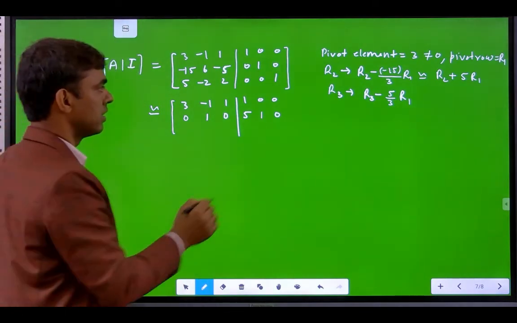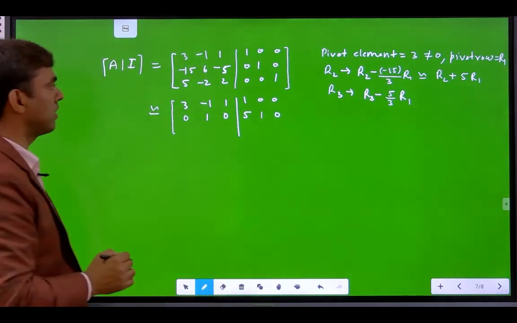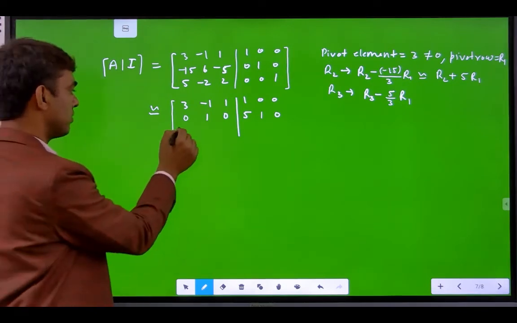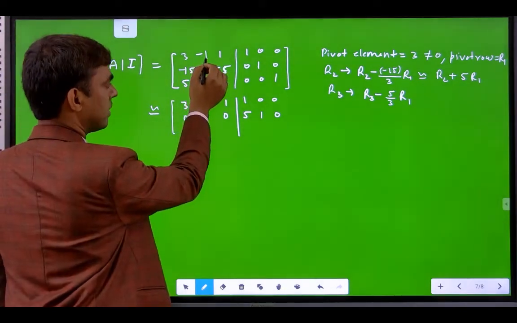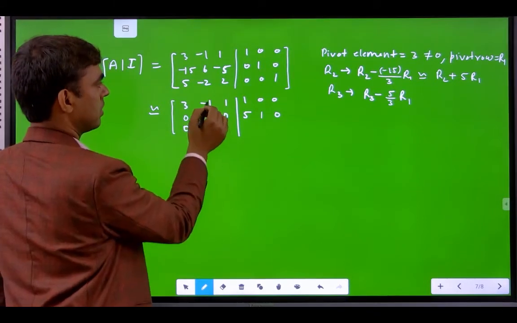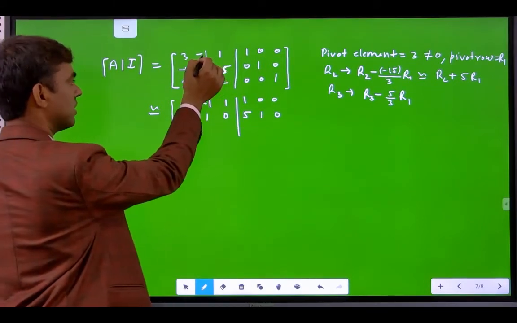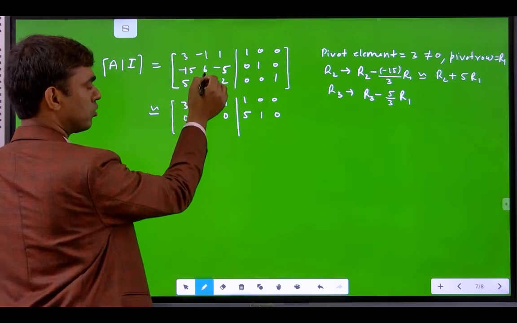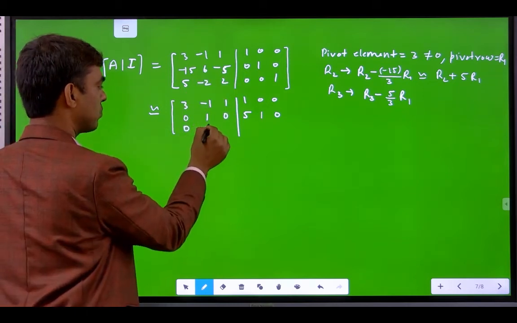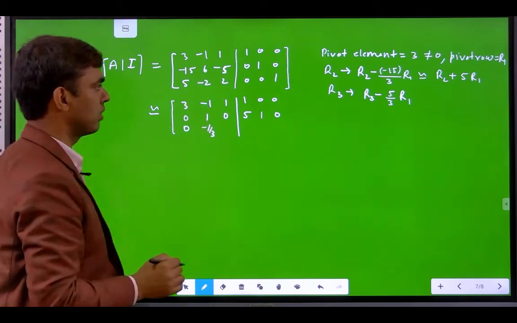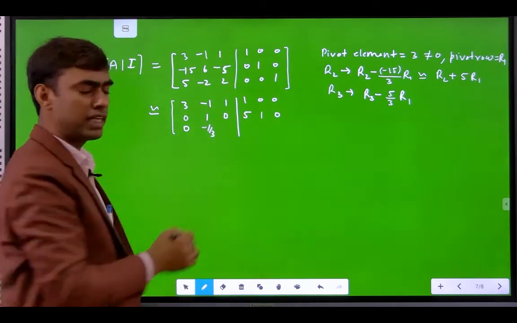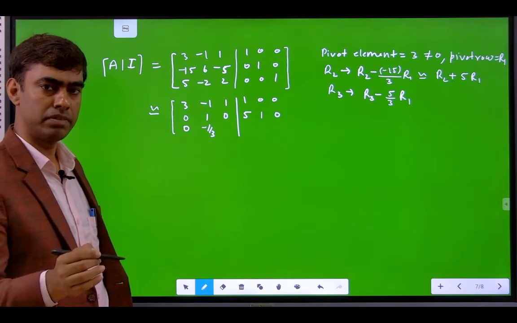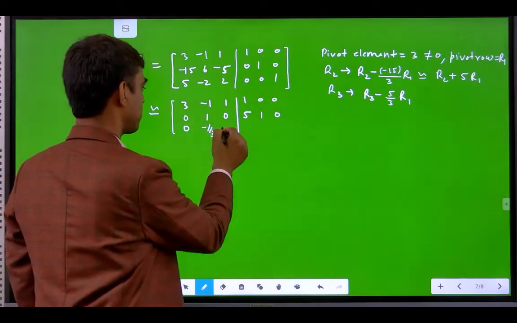And similarly, R3 minus 5 by 3 R1. So this becomes 0. Minus 2 plus 5 by 3 becomes minus 1 by 3, and again minus 2 plus 5 by 3 becomes minus 1 by 3. And 2 minus 5 by 3 becomes 1 by 3.